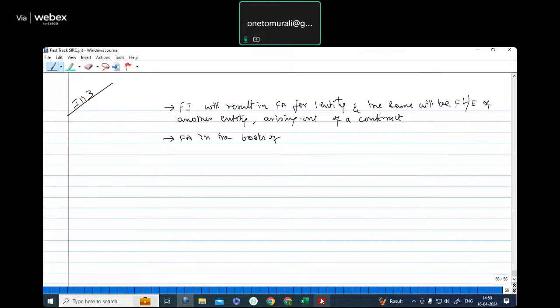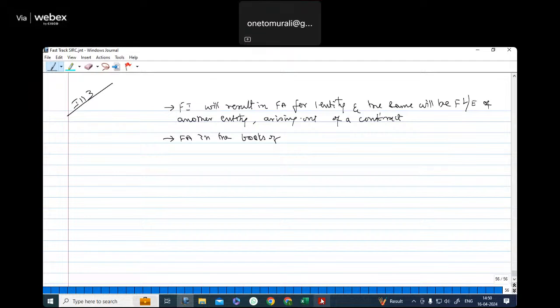Since it is arising out of a contract, this instrument shall fall under financial instruments.